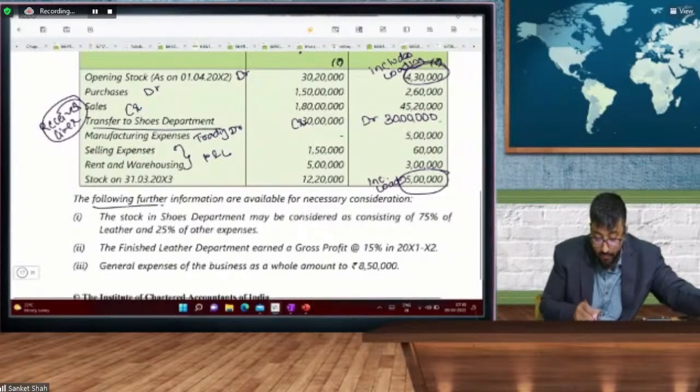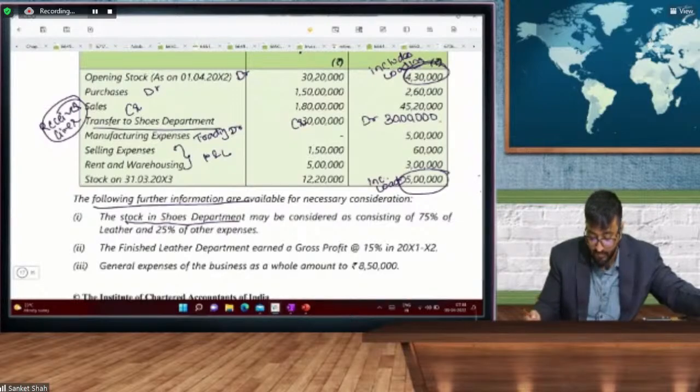The following further information is available. The stock in shoes department is considered 75% from the leather department.